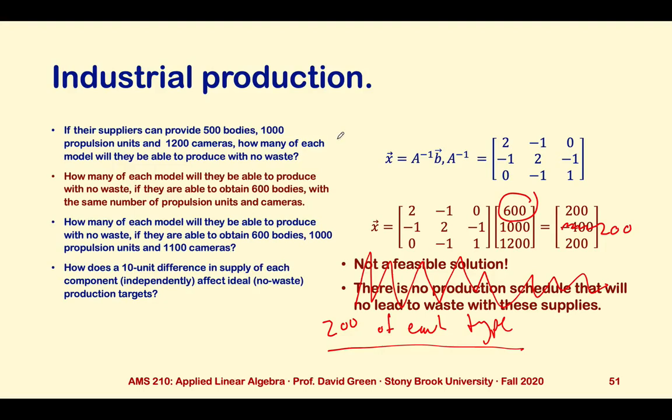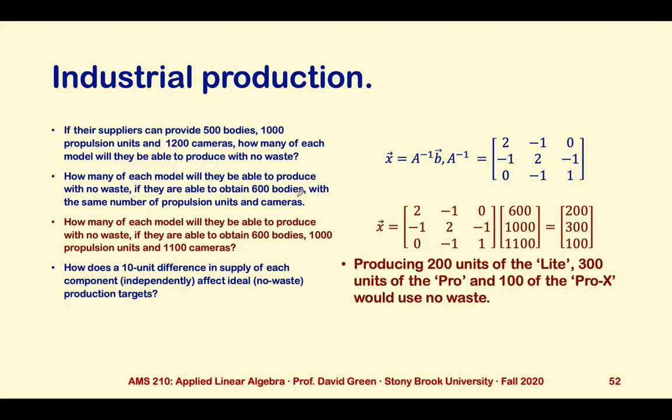What happens if there are other variations? What happens if perhaps they've now set themselves on this target for a balanced production scheme and their camera supplier tells them, you know what, we can't produce 1,200 cameras for you, we can only supply 1,100? How would this change their production targets?